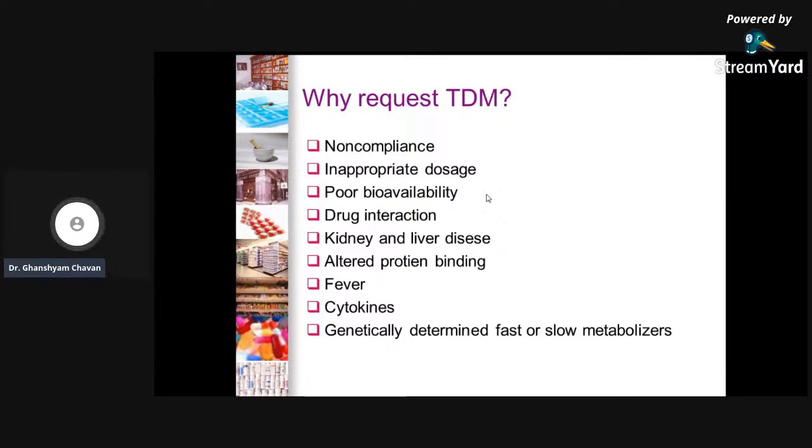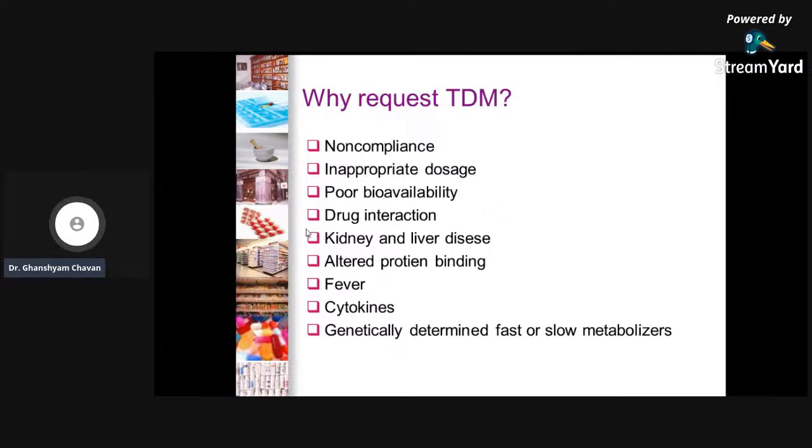Either we take samples at 24 hours, 12 hours or 6 hours, and in some critical conditions at 3 hours also. That depends on the protocol and on which disease you are treating. Accordingly we have to decide our TDM.